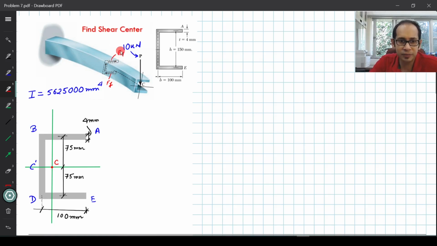Now to find this F_f, remember the precursor to that is to find the shear stresses. We know the shear stress here is going to have a linear variation because it is perpendicular to the direction of the shear. The shear is acting vertically up at that internal section. It is going to have a linear variation in the flange and a parabolic variation in the web. And the overall direction of the shear flow is going to be somewhat like this.